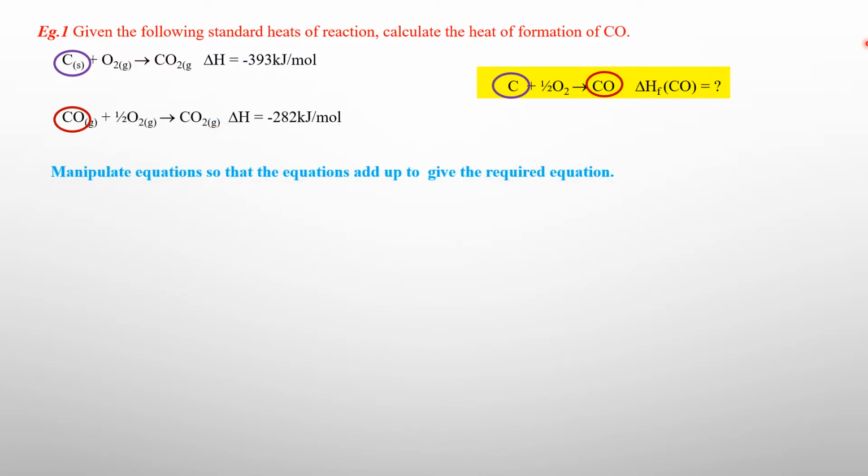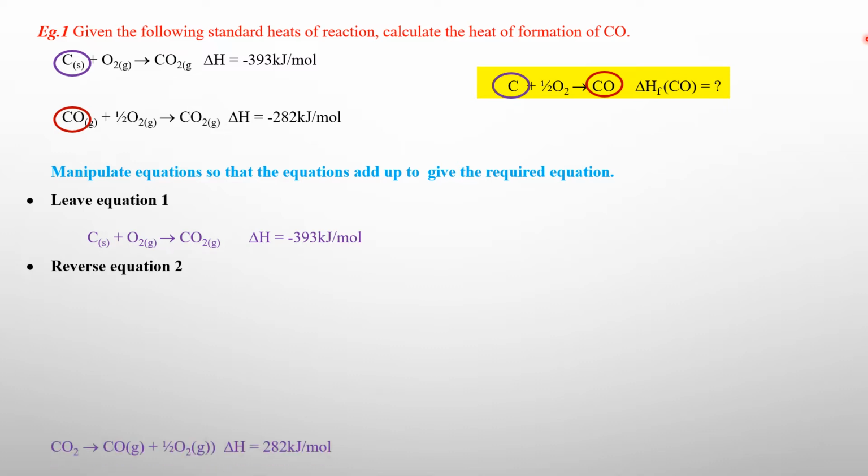When we manipulate the equation, we are going to leave equation 1 as it is in this example so that the carbon can remain on the reactant side. And equation 2, we said we are going to reverse it. When we reverse equation 2, the reactant becomes product and the product becomes reactant. So we will have carbon dioxide giving you carbon monoxide and half mole of oxygen.